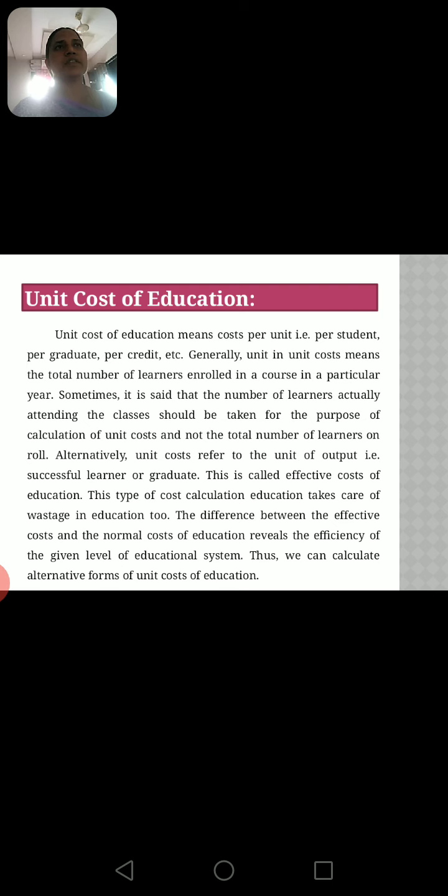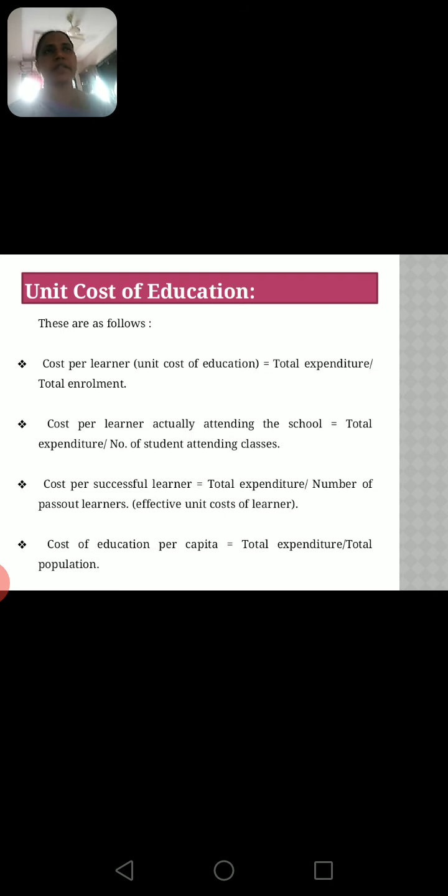Unit cost of education can be calculated as follows. Number 1, cost per learner, is obtained from total expenditure divided by total enrolled. Second one, cost per learner actually attending the school, is obtained from total expenditure divided by number of students attending classes.